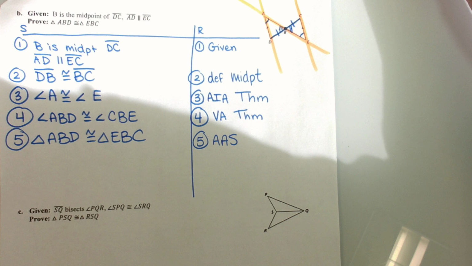I want to do one last one, and it's D, skipping over C and skipping over E. D is on the back page.